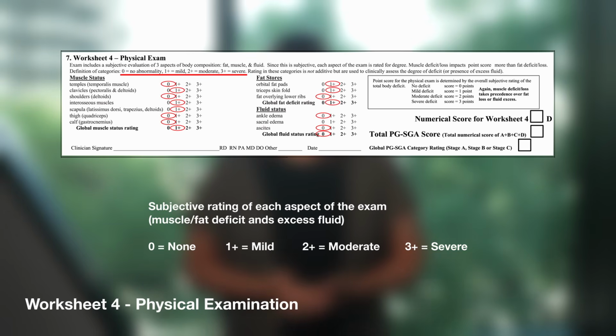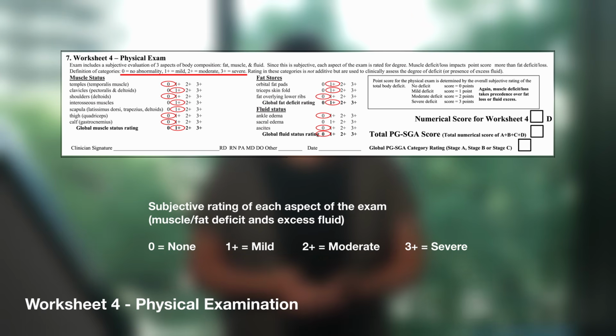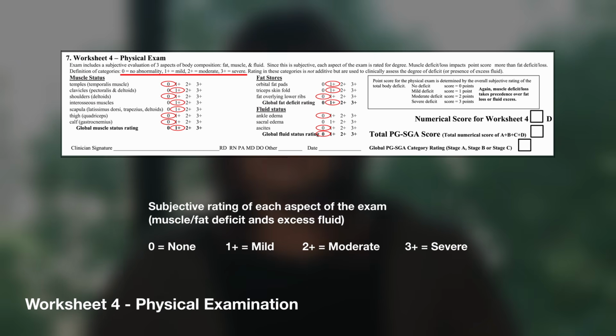Each aspect of the exam is rated for degree, that is 0, 1+, 2+, or 3+. Ratings for individual sites are not additive and are used to clinically assess the degree of deficit for muscle and fat and presence of excess fluid. So none equals 0, mild equals 1+, moderate equals 2+, and severe equals 3+.